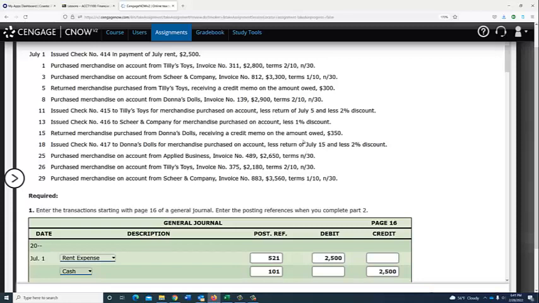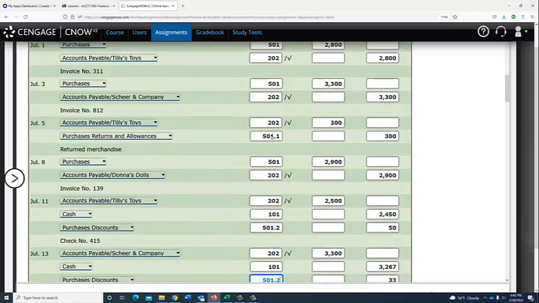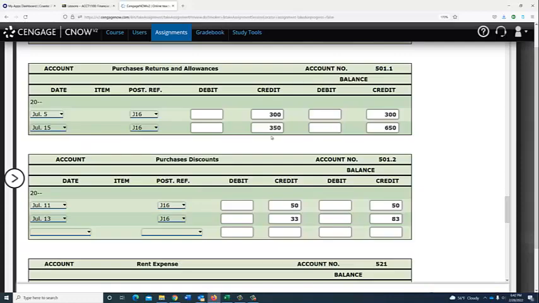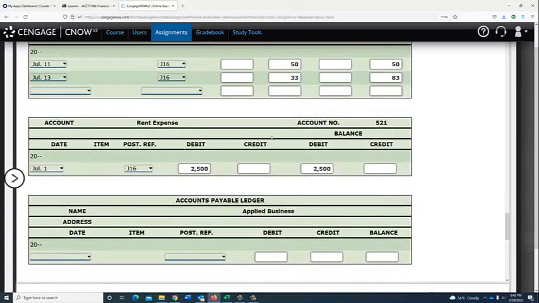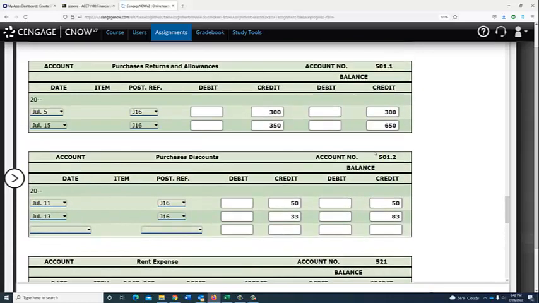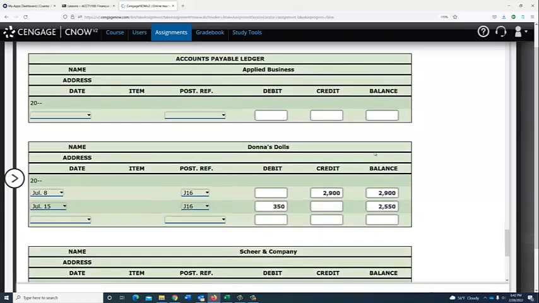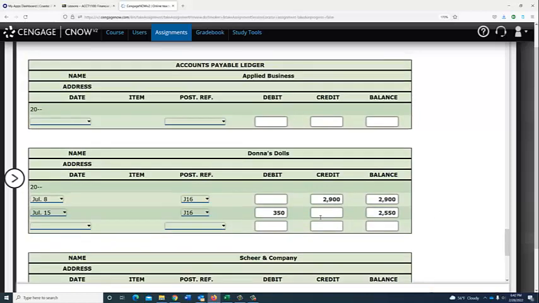So originally, Donna's was $2,900, and then we had the $3.50 return, so we are owing her $25.50. Let's double check that with her ledger. I think that was right. Okay, here we go, $25.50.